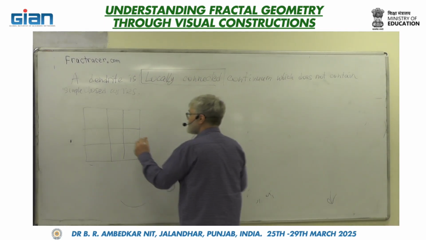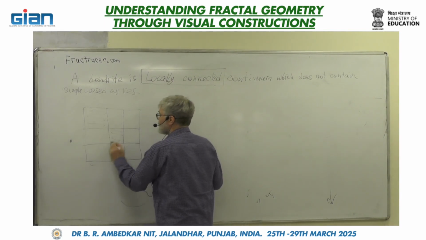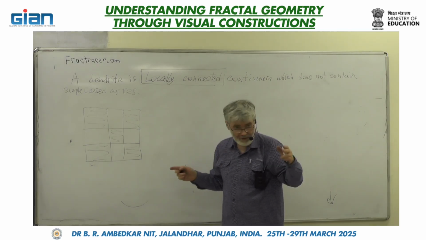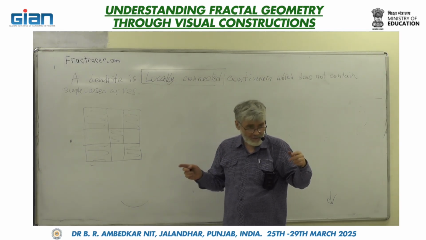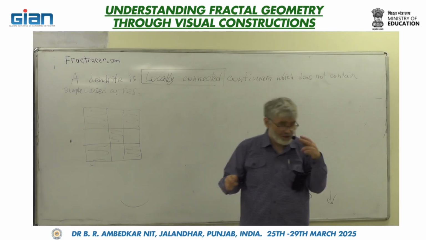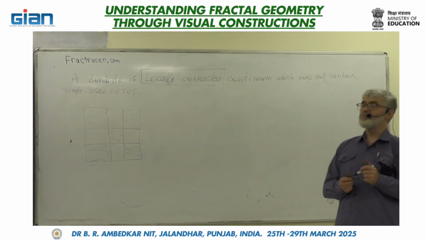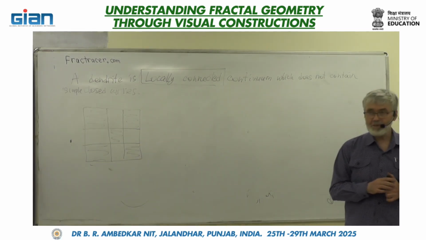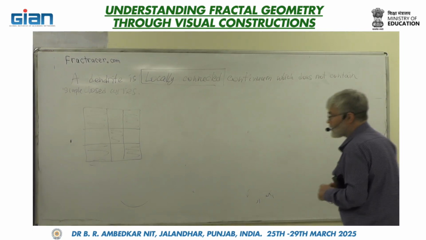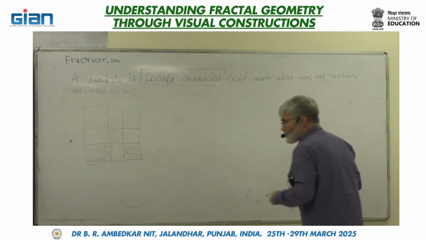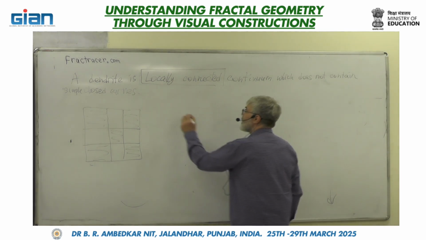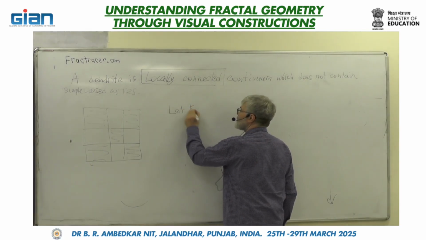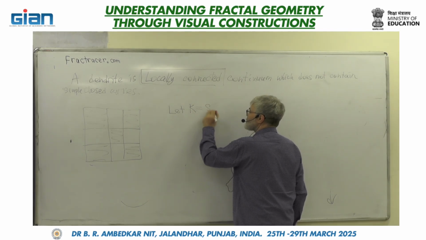So if we take 1, 2, 3, 4, 5 squares, then we get the Vicsek set. And the Vicsek set will be a dendrite. How to prove that this is a dendrite? So I will tell you a dendrite criterion. Let K be a self-similar set.